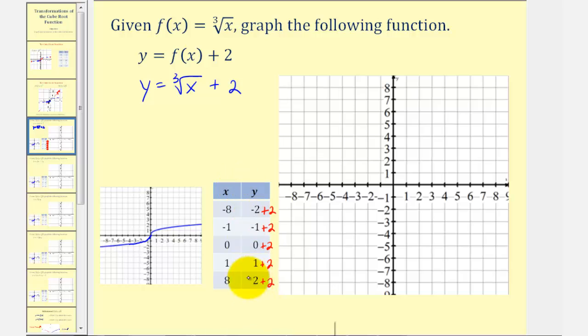And now plot these new 5 points. So here we would have negative 8 comma 0 here, negative 1 comma 1, 0 comma 2, 1 comma 3, and 8 comma 4. So the graph of our transformed function would pass through these 5 points and look something like this.